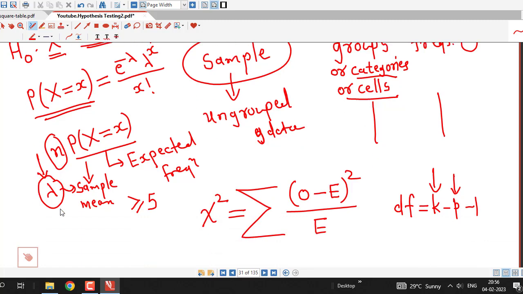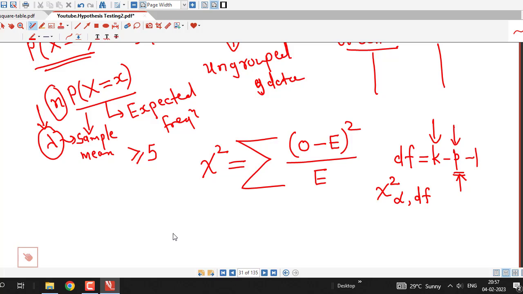So I subtract the number of parameters which are estimated using sample data, that is small p, in this formula, and minus 1. After that we find the critical value of chi-square corresponding to the given level of significance and these degrees of freedom, and we remember that the goodness of fit test is always right-tailed, and therefore our rejection region will be in this right tail.